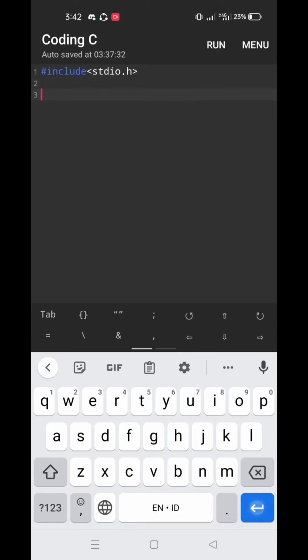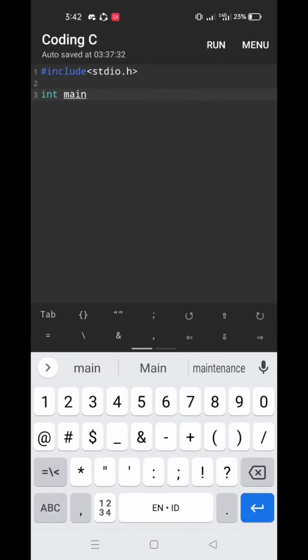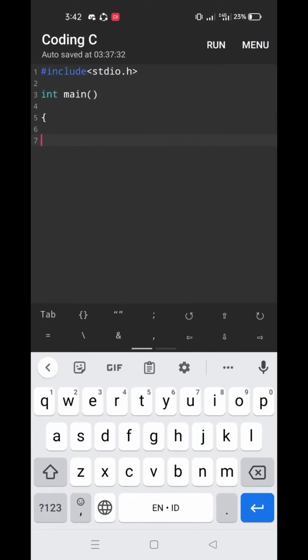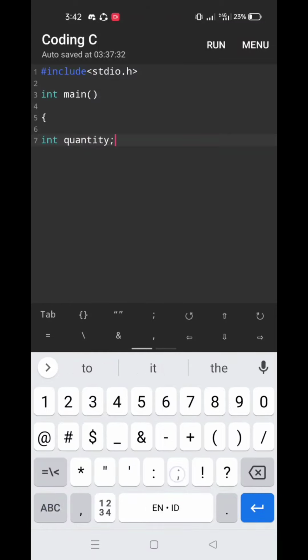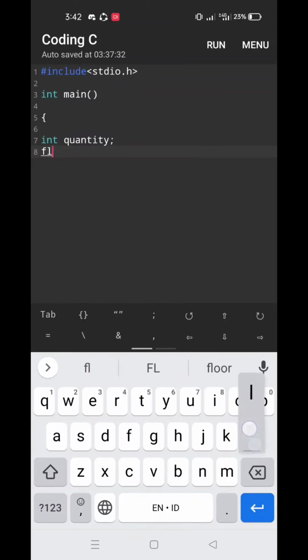Next is the main function, so int main, open curly brackets, and the variable quantity, and semicolon to terminate the statement. Then the other variables, the float.